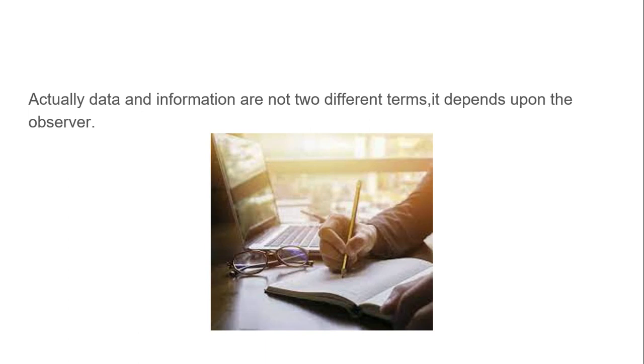If I am reading your book to make this video, then your book is data for me, and the video I am making is information for me. But for other students and other people who watch this video, it is data for them, and if they gain the knowledge, that is the information. This is the flow of the differences between data and information.